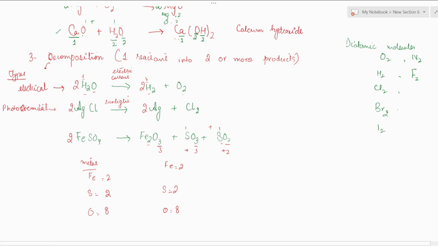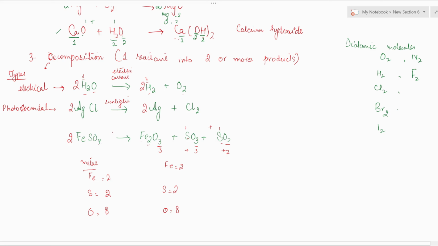Whenever there is a word photo, photo itself means light. So in chemistry we use the word photo for light, like photochemical reaction, photolysis, like photosynthesis, right? Photosynthesis is the light reaction.